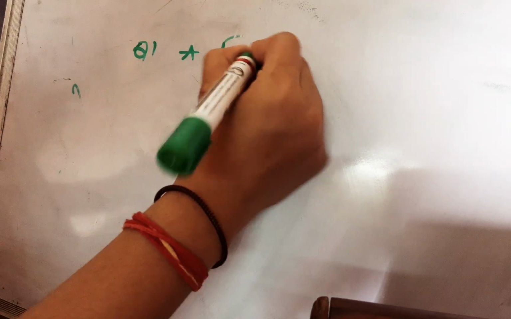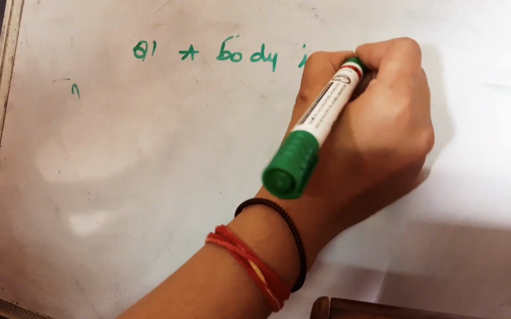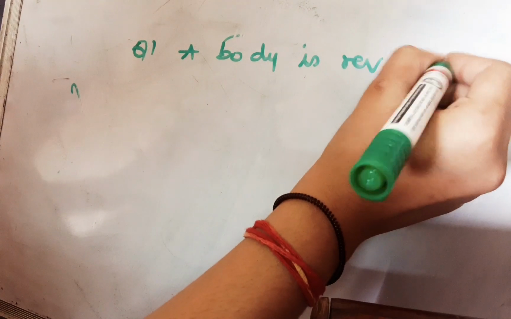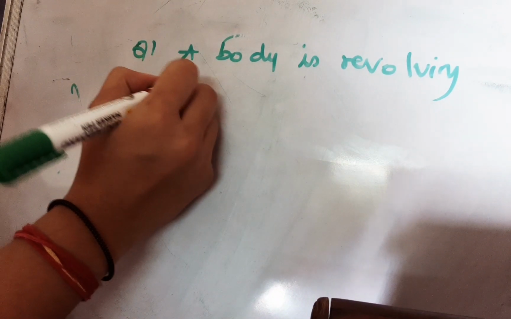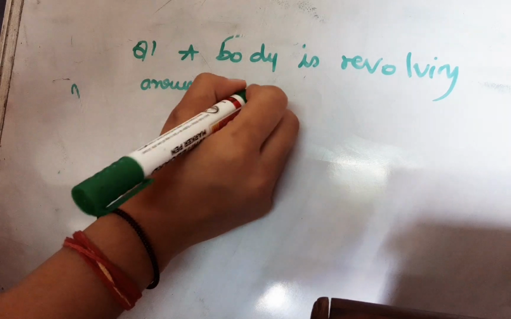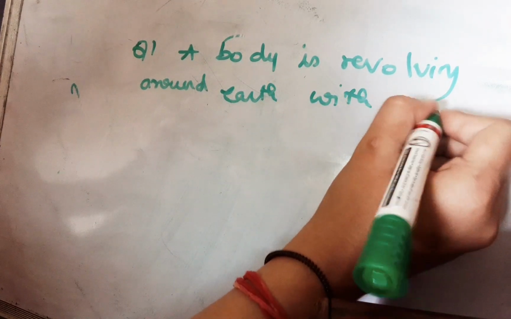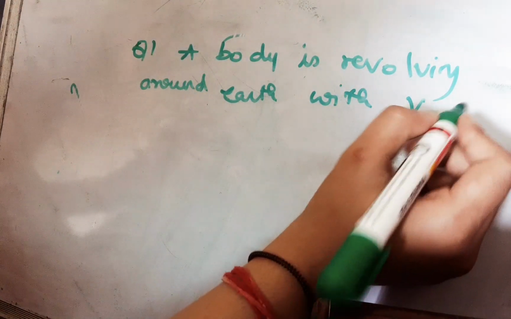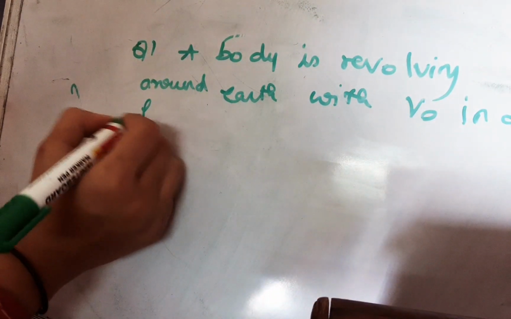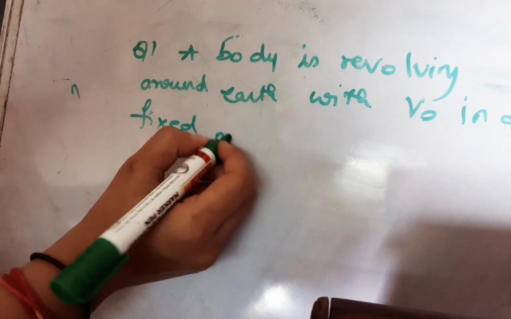Suppose a body is revolving around Earth with orbital speed v0 in a fixed orbit.